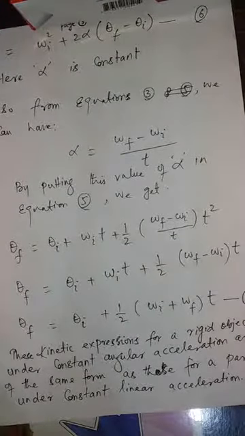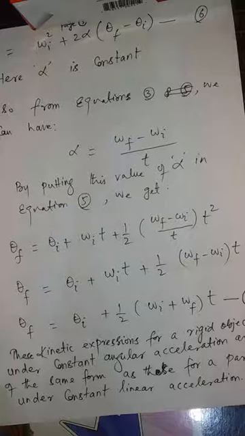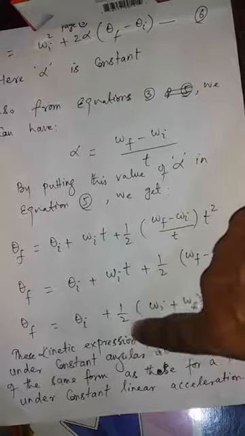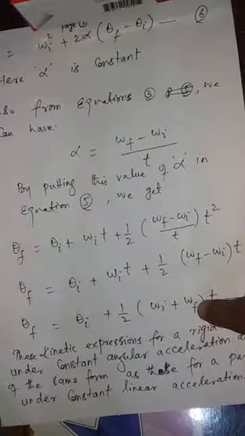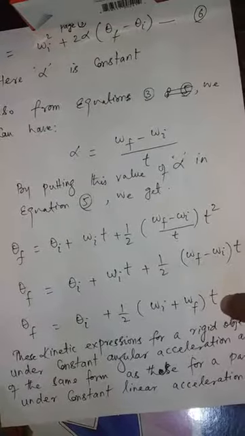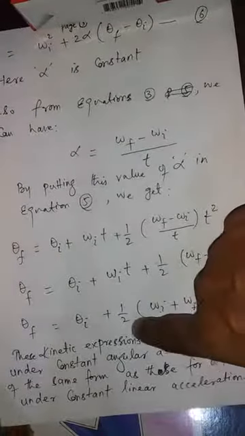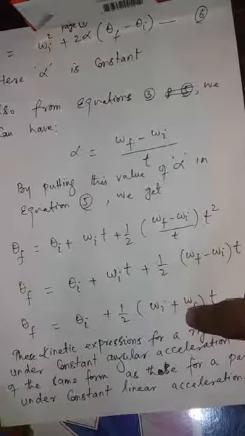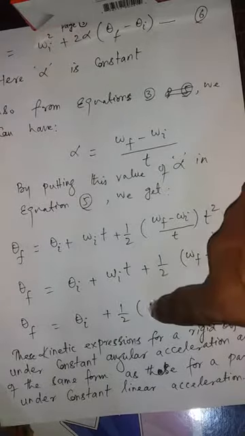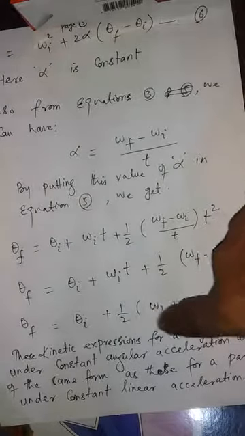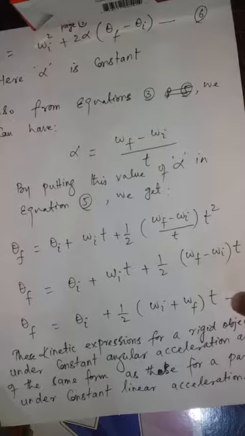If we replace theta by s, then we will get s equal to s naught plus half vi plus vf into t. Vi plus vf by 2 will give the average linear velocity, so here we will place v average into t.